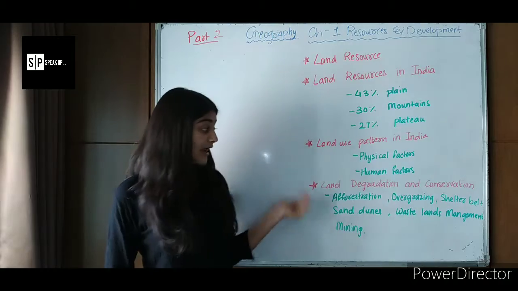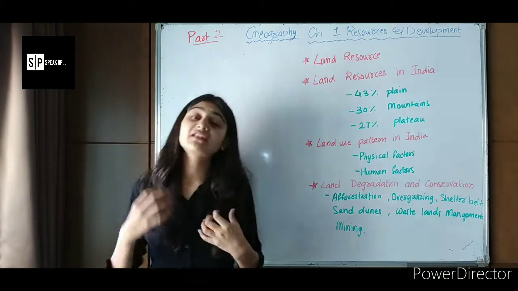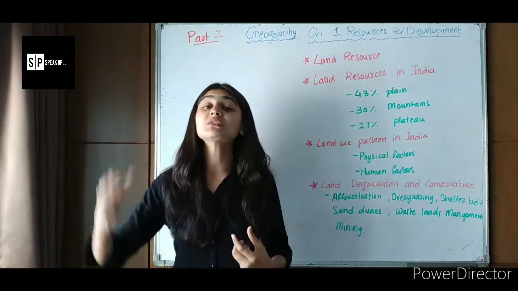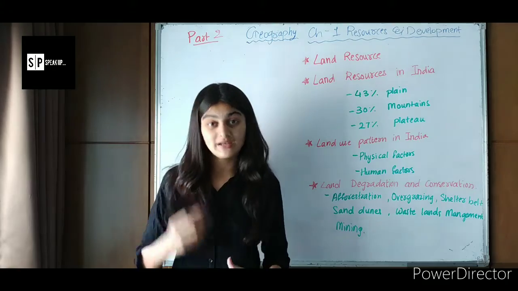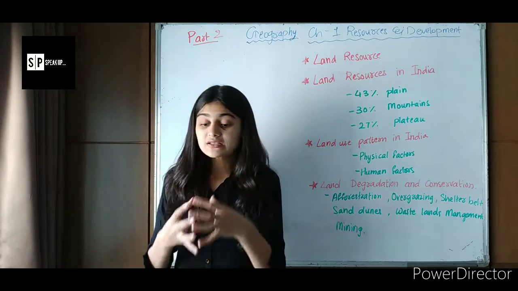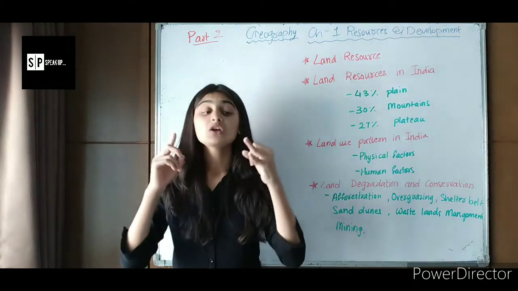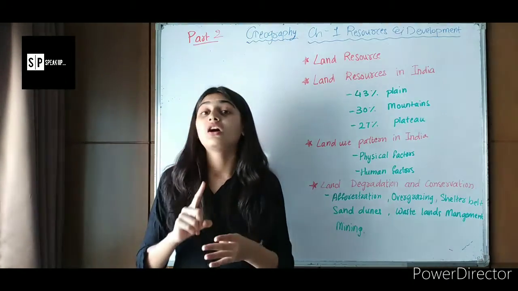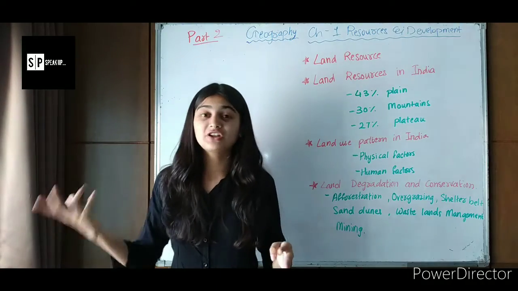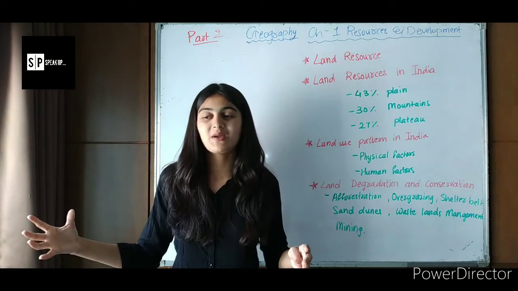Then comes land degradation and conservation. Now what do we mean by land degradation? Land degradation means depletion in the quality of land. This decrease in the quality of land is mainly due to deforestation, overgrazing, soil erosion, and extensive use of fertilizers and pesticides.